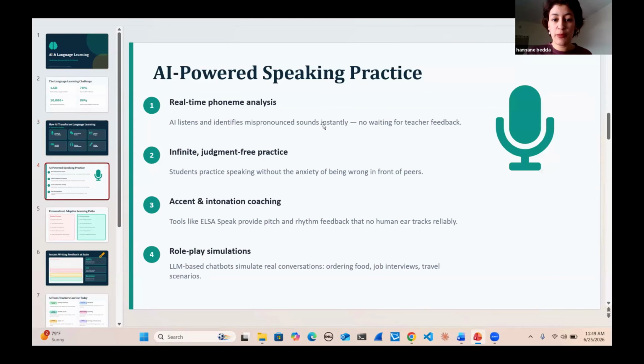Now we have AI-powered speaking practice. For example, real-time phoneme analysis: AI listens and identifies mispronounced sounds instantly, with no waiting for teacher feedback. And we have infinite judgment-free practice: students practice speaking without the anxiety of being wrong in front of their peers. For example, you can use Duolingo or Elsa, as I said.